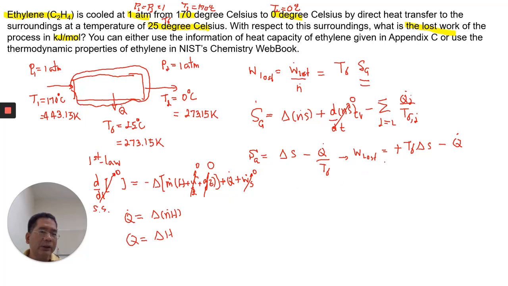So in other words, the W loss will just be equal to minus delta H, and plus T sigma delta S. Okay, I will do the calculation in two ways.